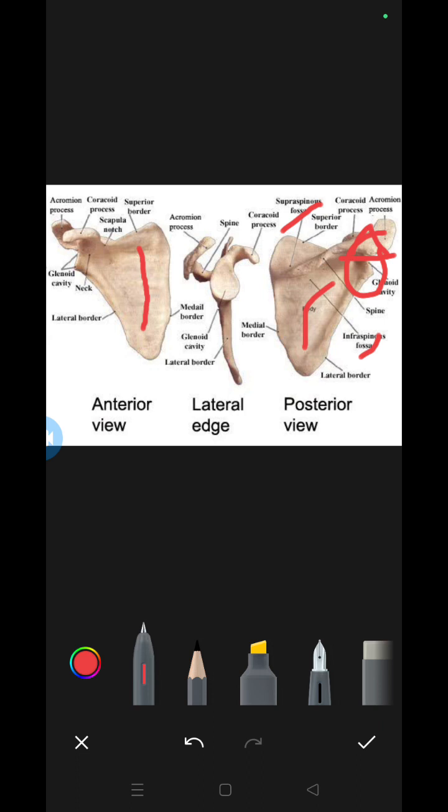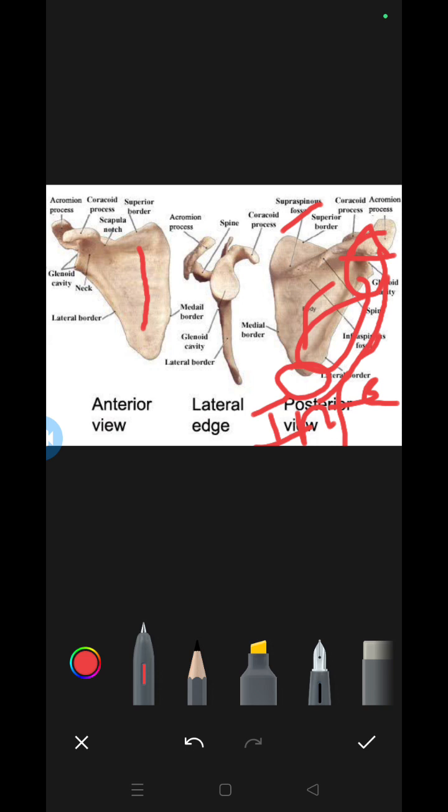Now the thickest lateral border runs from the glenoid cavity above to the inferior angle. This is the inferior angle of the scapula. Inferior means downwards, superior means upwards.